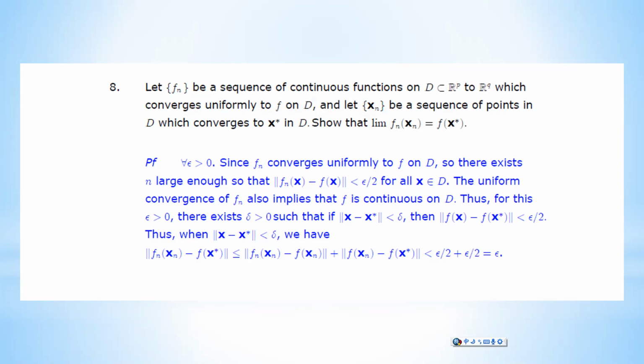This shows that fn(xn) goes to f(x star). So that's the proof. This proof basically uses the concept of uniform convergence and also the continuity of the limiting function. Okay, so that's number 8. Therefore you get the result.